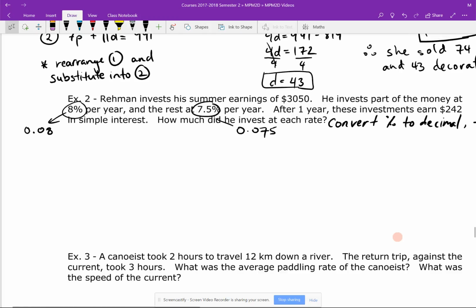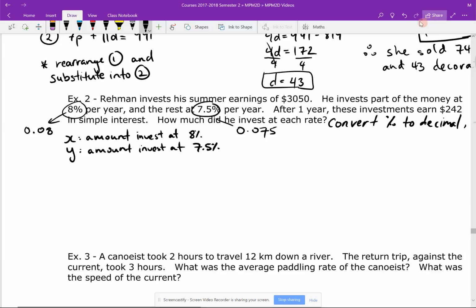Okay, so let's define our variables. Let's say X is the amount invested at 8%, and we'll say Y is the amount invested at 7.5%. Okay, how do I know how to make these variables?